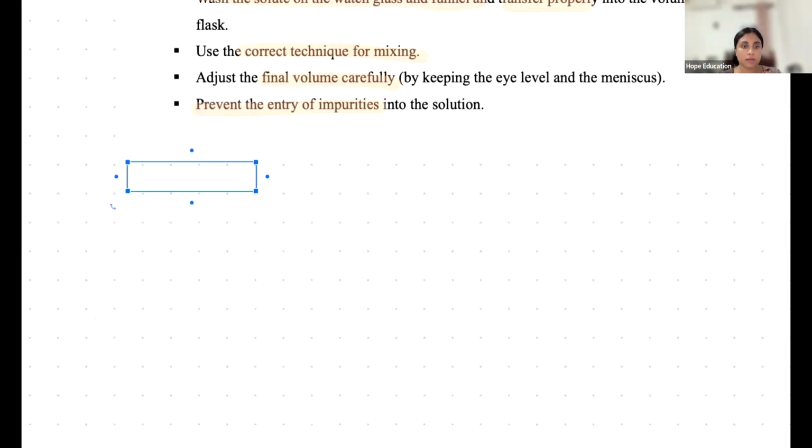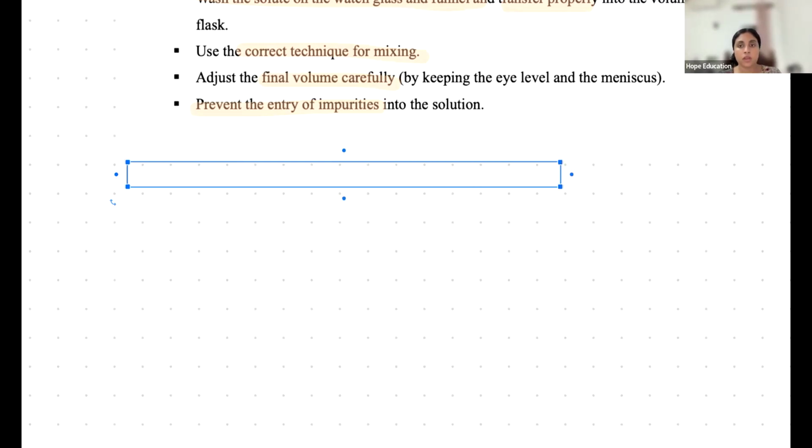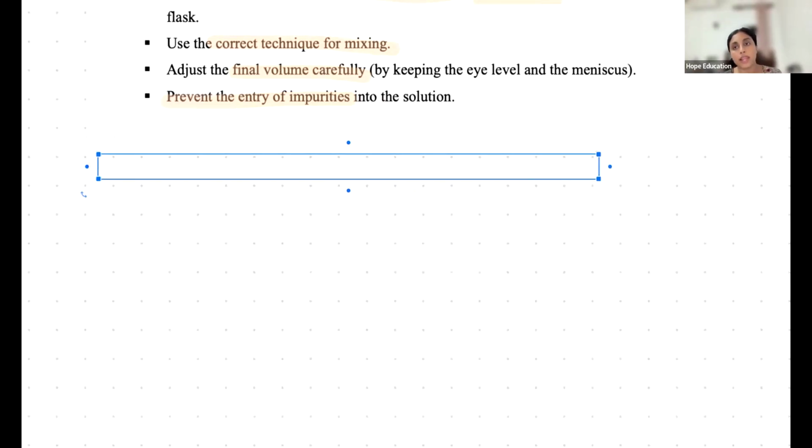My question number 1. Write it down as Q1. A student was supposed to make a glucose solution of 1 mole per cubic decimeter.